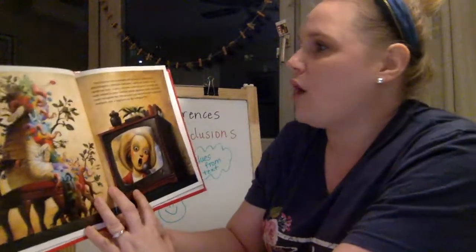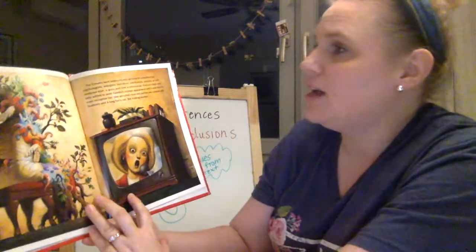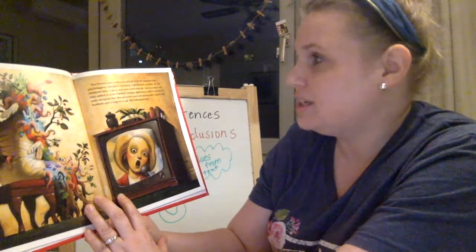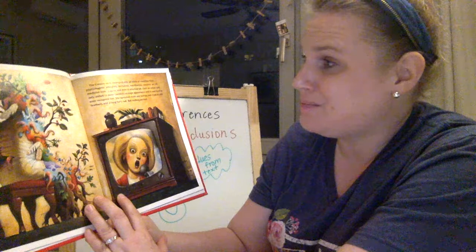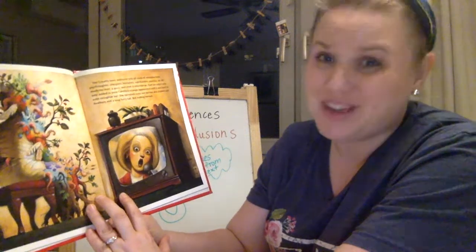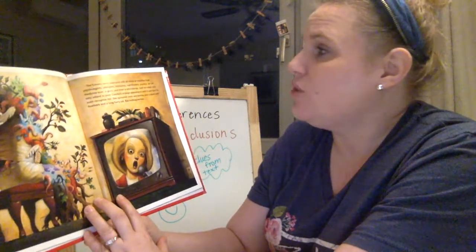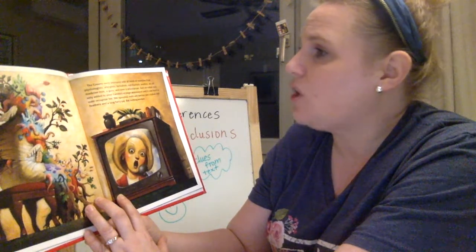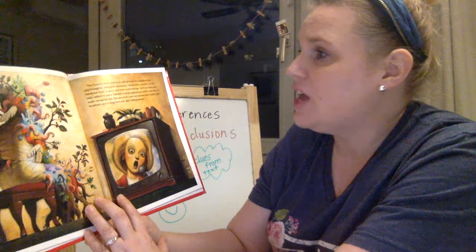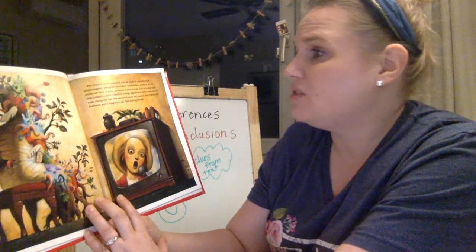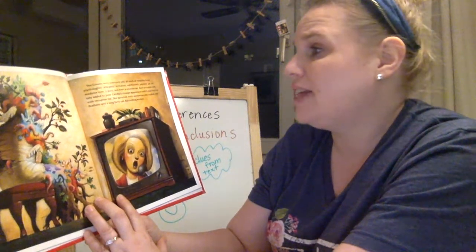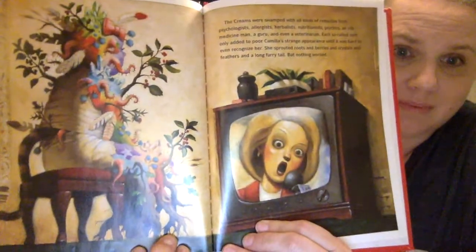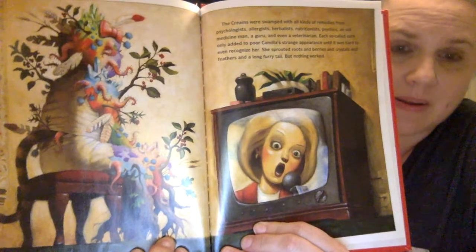The Creams were swamped with all kinds of remedies from psychologists, allergists, herbalists, nutritionists, psychics, old medicine men, a guru, even a veterinarian. Each so-called cure only added to poor Camilla's strange appearance until it was hard to even recognize her. She sprouted roots and berries and crystals and feathers and a long furry tail, but nothing worked. Poor Camilla.